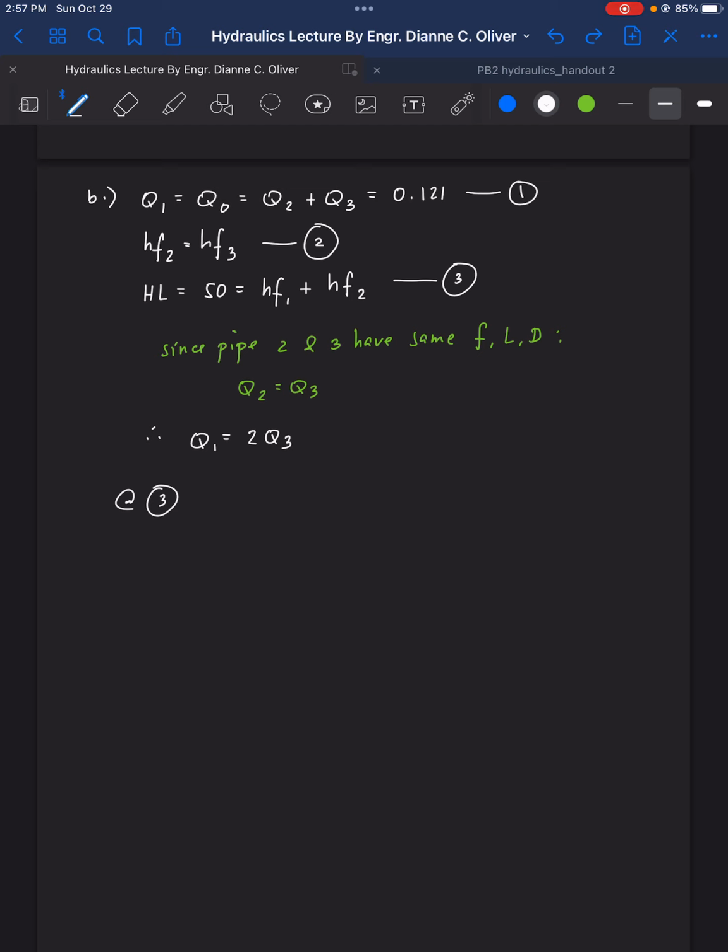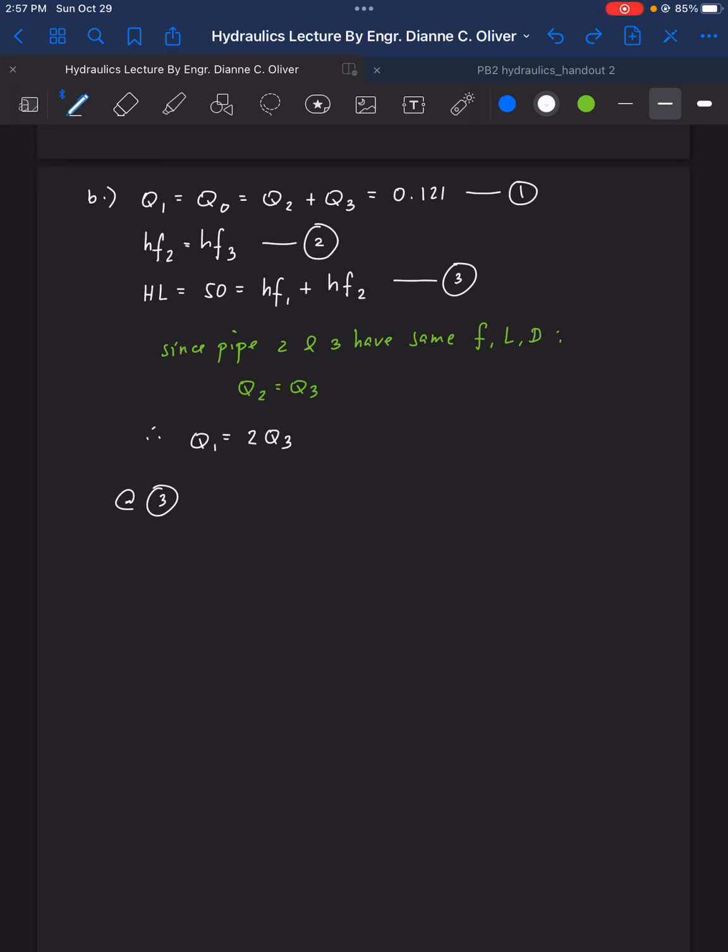It's easy to conclude that since Q1 is equal to twice of Q3, you will just divide it by 2 for the value of Q3. But let's see what will happen to the value of Q3 if we solve it via the head loss.